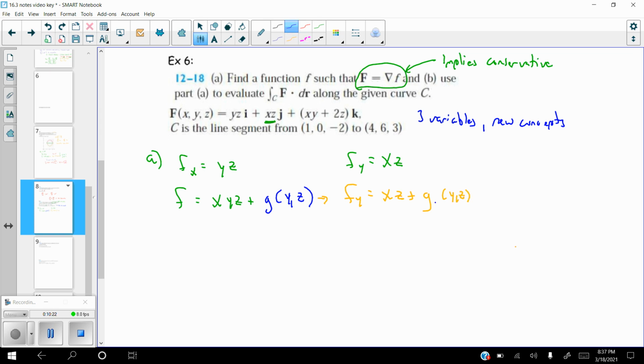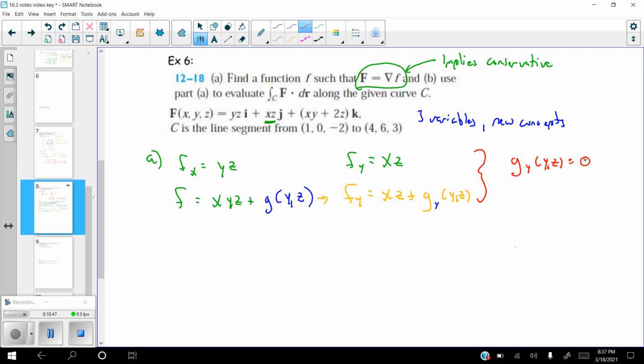So that part is a slightly new concept. And these two things are the same. xz matches up, so that tells me that g sub y of y,z has to equal 0.